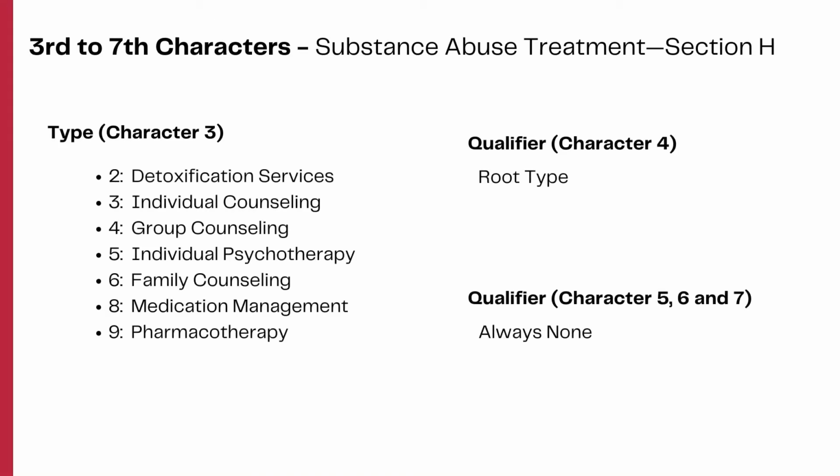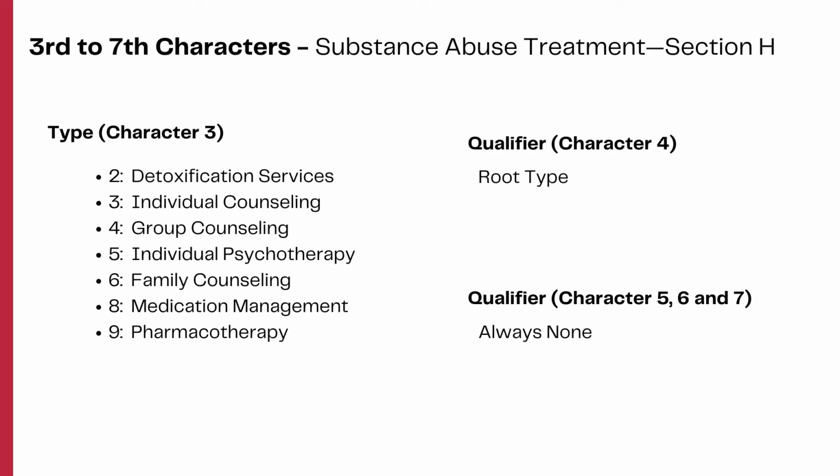Now, talking about the third character. The third character specifies the type of procedure, and there are 7 values classified in this section. Value 2 is for detoxification services from alcohol and drugs. Value 3 and value 4 are for individual and group counseling, for the application of psychological methods to treat one or more individuals with addictive behaviors.